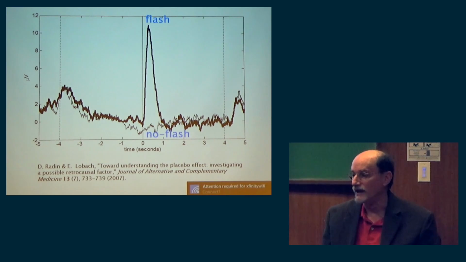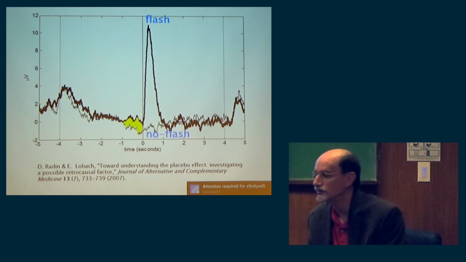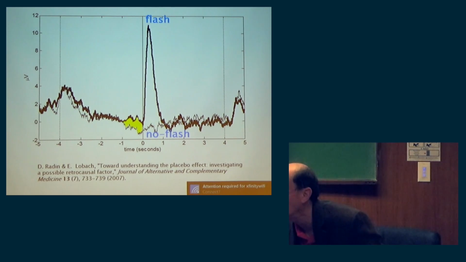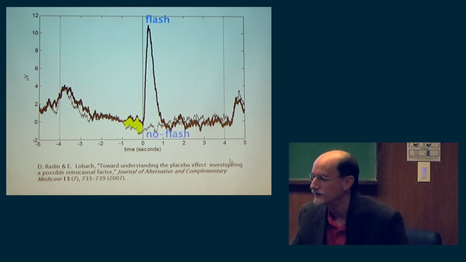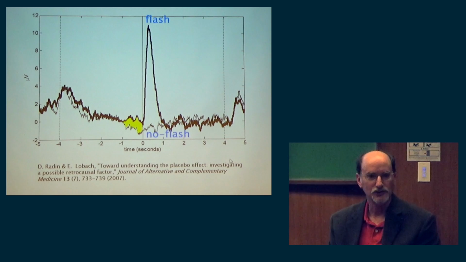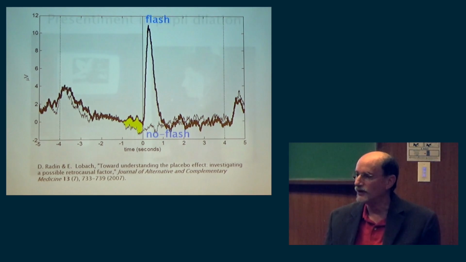They don't get a light flash, then you have attention required. So what you get is, again, a difference in brain function 1 second before there's a light flash or not flash, but only in women. And in general, women do this test a lot better than men, this particular test. So that's in the brain.